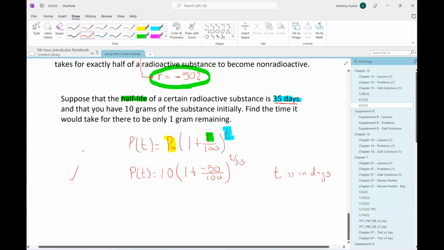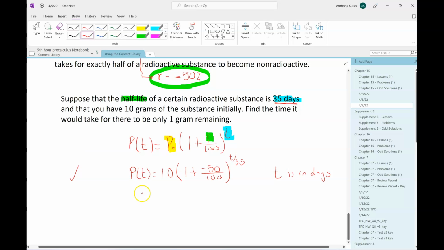Next, we want to solve it for some specific value. So the last sentence says, find the time it would take. So which are we solving for, T or P of T? Find the time it would take. T. Very good. For there to be only 1 gram remaining. So that 1 gram is our P of T, right?